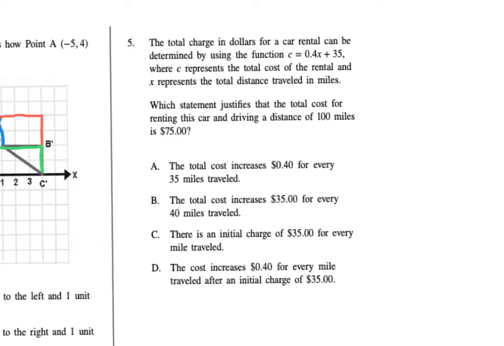Well, if I want to analyze this equation, since C represents the total cost, so C is the dollars, how much it will cost me to rent a car to travel x miles, where x represents the number of miles.